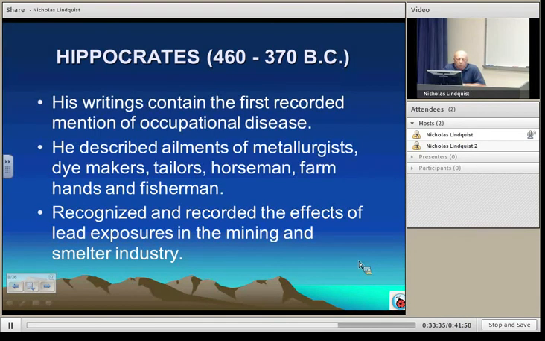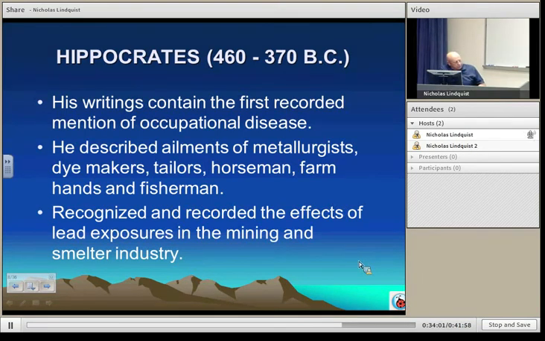One of the things that Pliny the Elder was noted for was describing a protective mask that miners could use to protect themselves against the dangerous dusts and gas and vapors that they would encounter in the mining operations. He recommended using an animal bladder to cover the nose and the mouth of those workers.